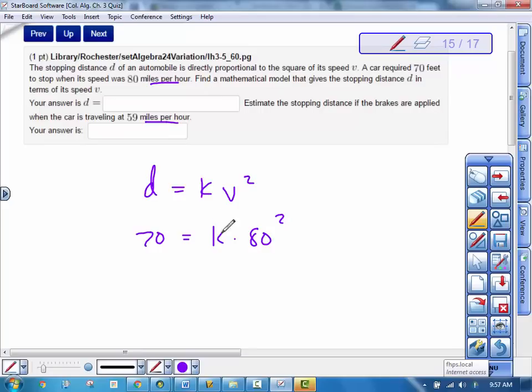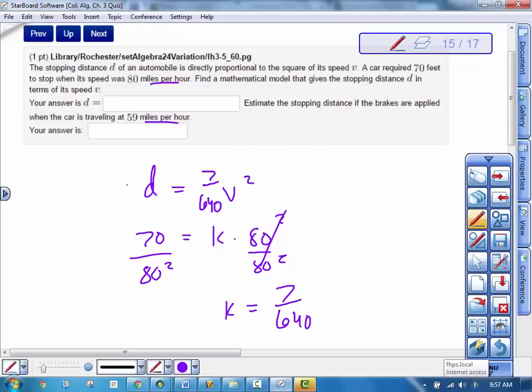Because basically k will have units on it, right? And those units will work out as long as we're using the same units for a new value that we're looking for. So that's something to keep in mind. Divide both sides by 80 squared here, and that gives us a k. It's a decimal, so I'm just going to do math fraction in the calculator and give it as a fraction. This will be easier. So that goes in right here, 7 over 640.